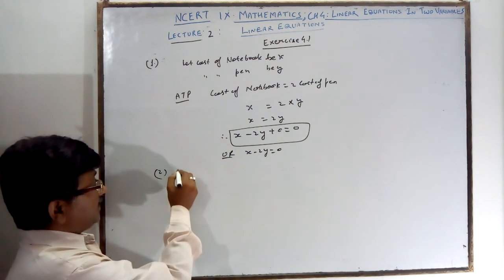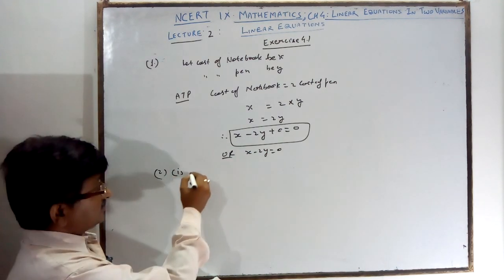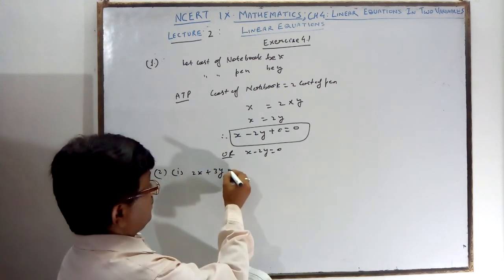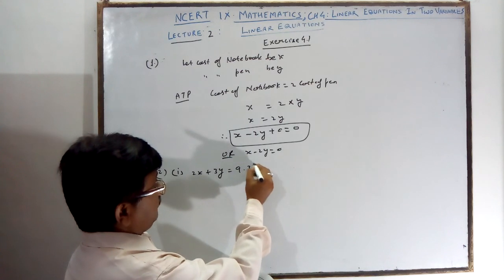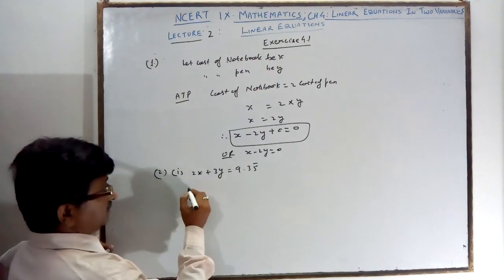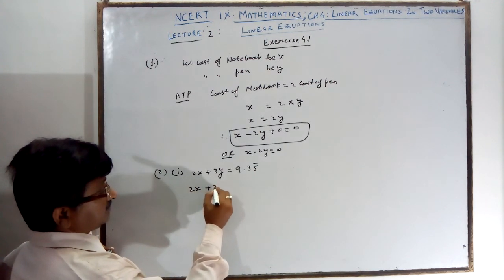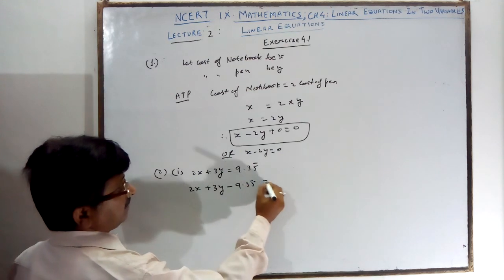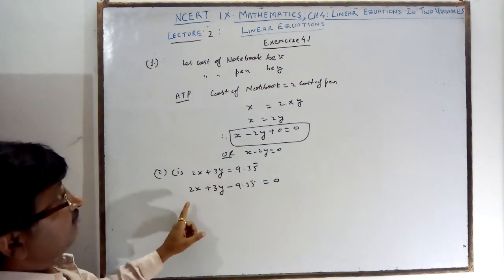What is the first part? 2x plus 3y is equal to 9.35 bar. So what will you write? 2x plus 3y minus 9.35 bar is equal to 0. Why are you writing this?